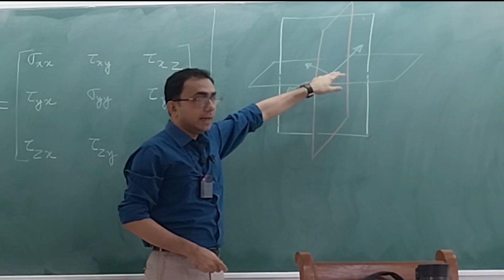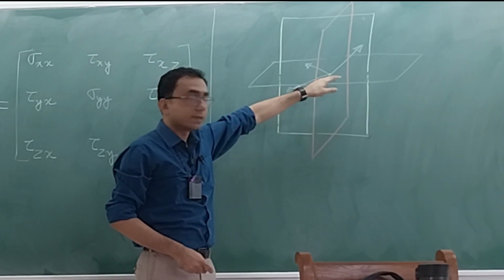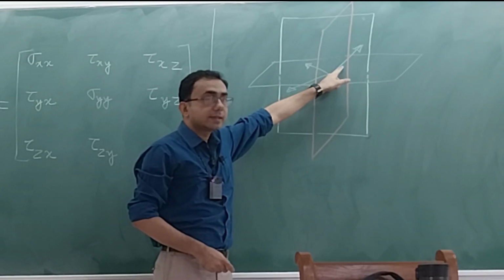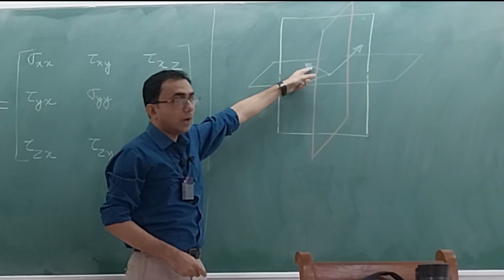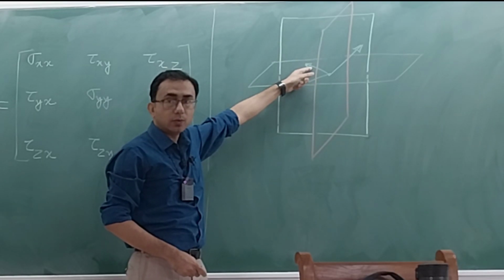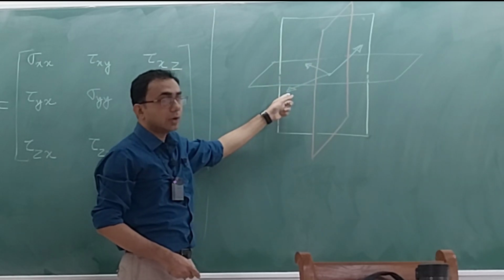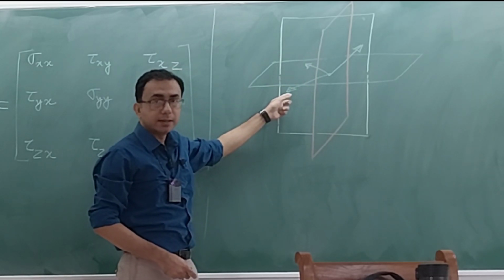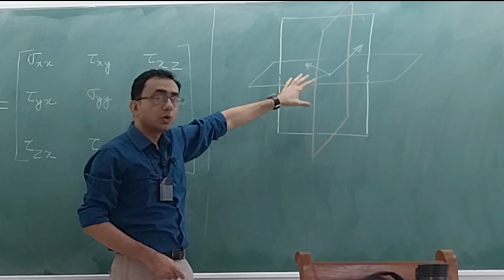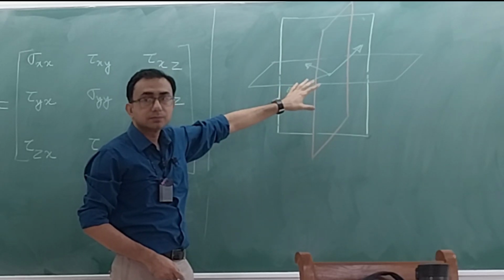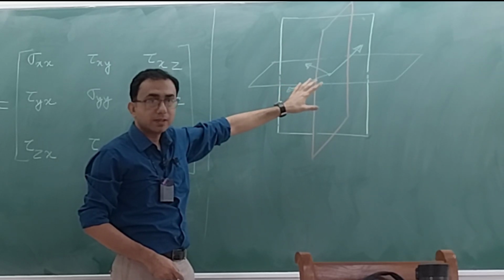Now, on top of that, if I have to draw its components, of this one they are sigma xx, tau xy and tau xz. For this one, tau yx, sigma yy and tau yz, and for this one, tau zx, tau zy and sigma zz. In this same diagram, if I have to draw everything, how much more messy is it going to become? Is it not?